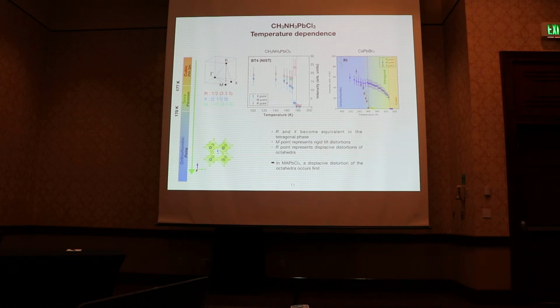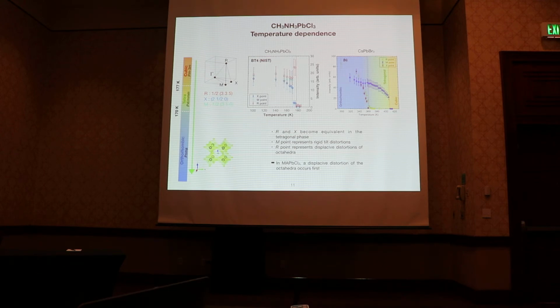So X and R become symmetrically equivalent in the tetragonal phase, so that's why they turn on at the same time. And according to neutron scattering structure factors, the R and X points represent dispersive distortions of the octahedra, and the M point represents rigid tilt distortions of the octahedra.